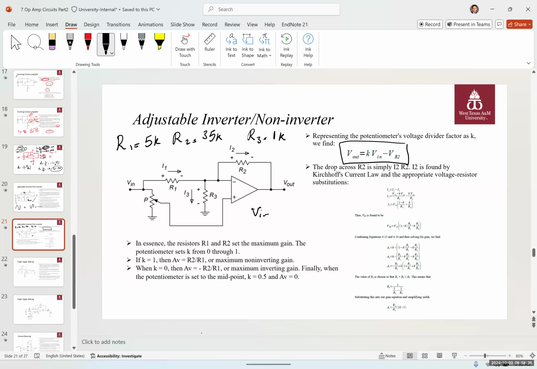If Vn is equal to 5 millivolts, what is V out equal to? So R1 is 5K, R2 is 35K, R3 is 1K, and Vn is 5 millivolts. We want to find V out.